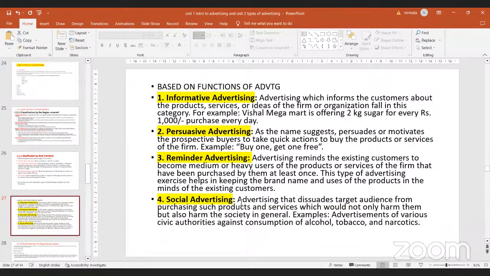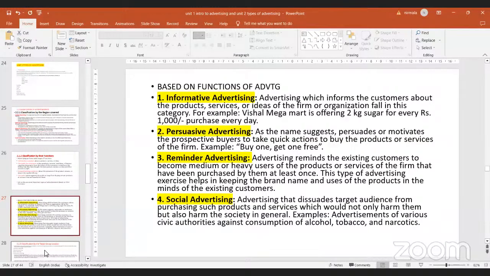So that is something which falls under social advertising. It is done for the benefit of those target audience who generally purchase tobacco or alcohol, or take drugs that would affect their health. So here the advertising is done to motivate them to avoid that behavior so that they can protect themselves, and it helps the family also to survive.